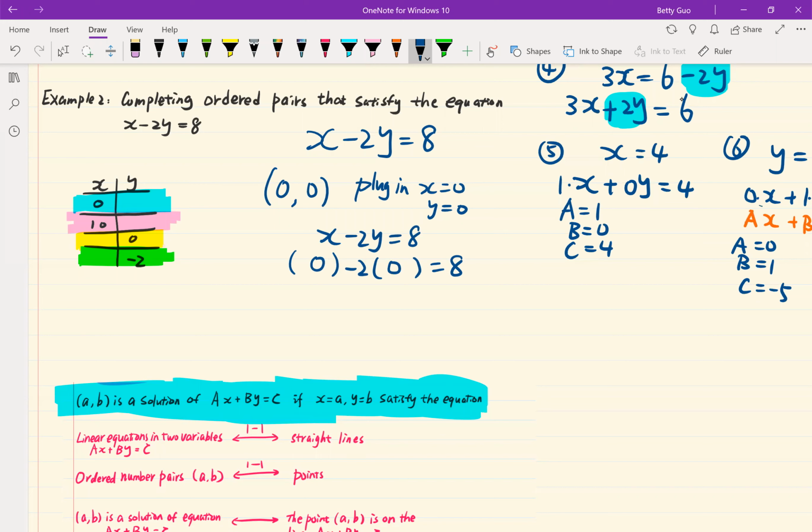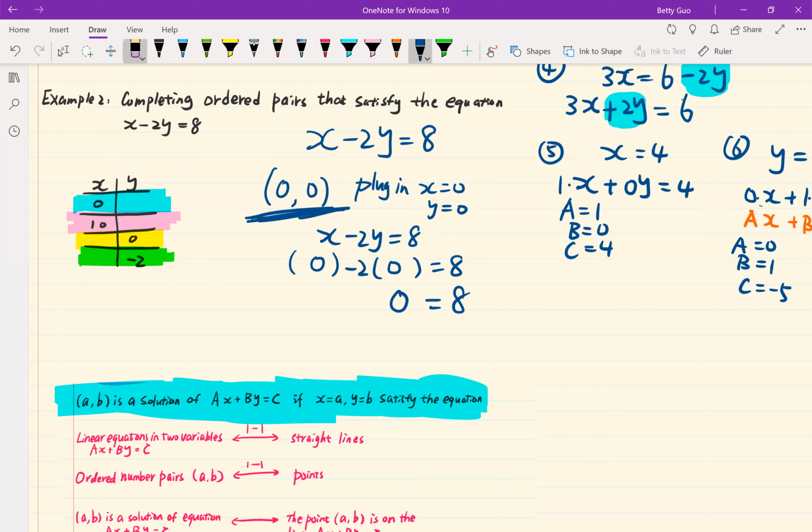We have 0 minus 0, because anything times 0 is 0, right? So we have 0 on the left, 8 on the right. Obviously, this is a contradiction. That means 0, 0 does not satisfy the equation. 0, 0 is not a solution.